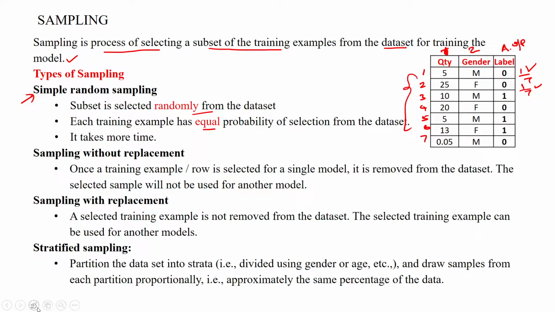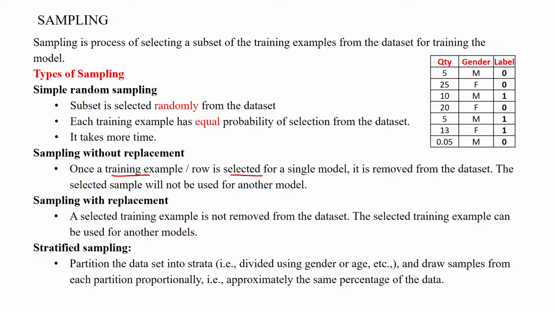Another one is sampling without replacement. Once a training sample is selected for a single model, for example, I have two decision trees, decision tree 1 and decision tree 2. If I select sample number 1 for decision tree 1, then I will not select this sample for decision tree 2.